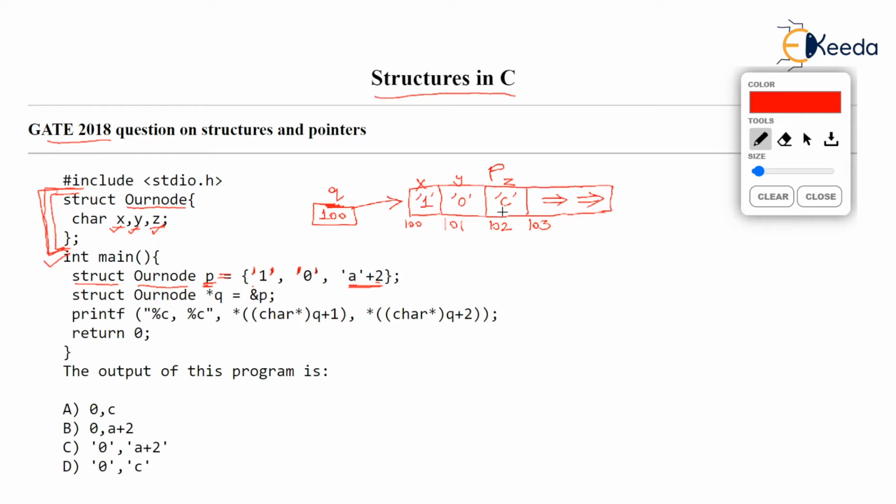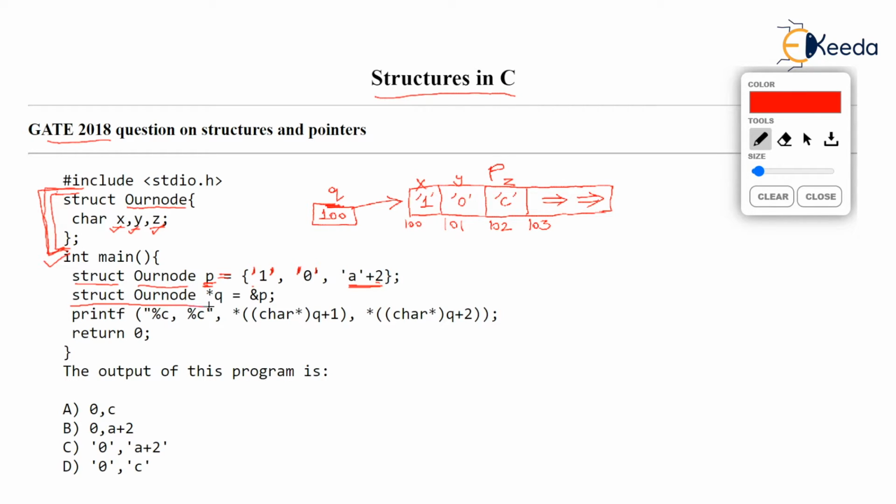We have also assumed that the our node variable P will be stored at base address 100, and each character consumes 1 byte. So 100 is where X is stored, 101 is where Y is stored, and 102 is where Z is stored. And from 103 onwards, the memory continues, isn't it? Okay, the next line in the program declares a pointer.